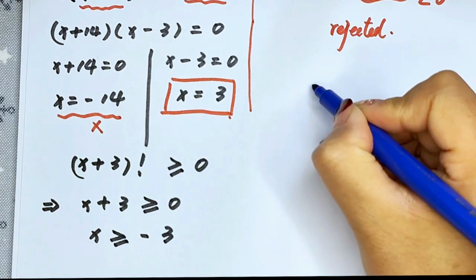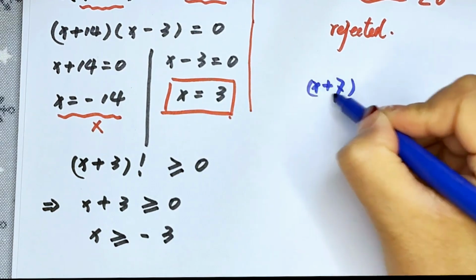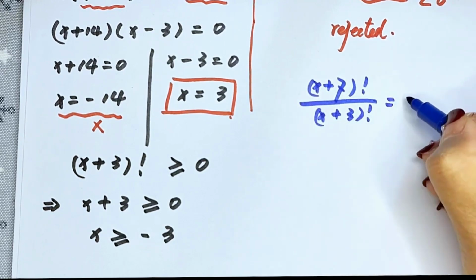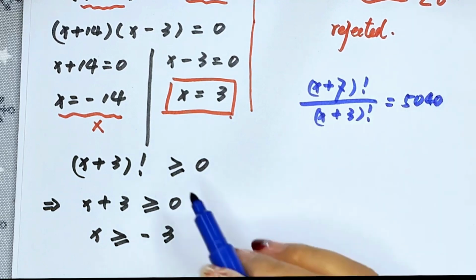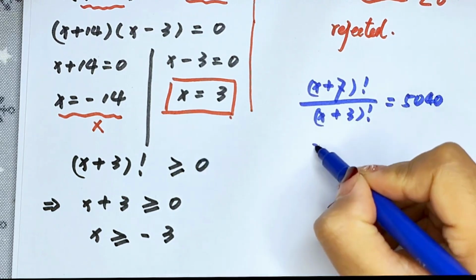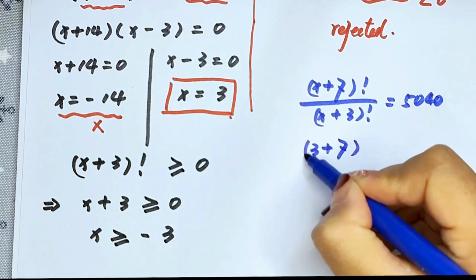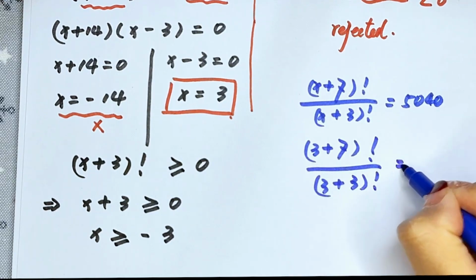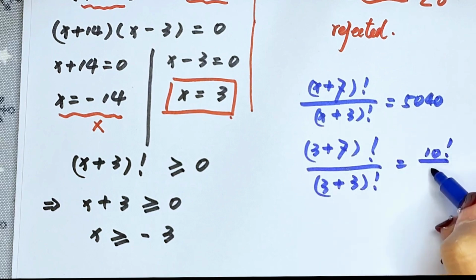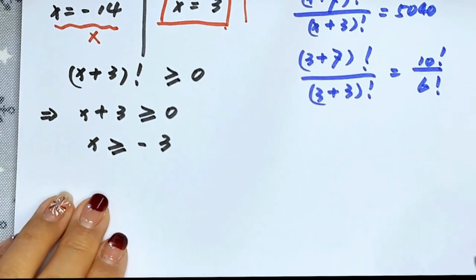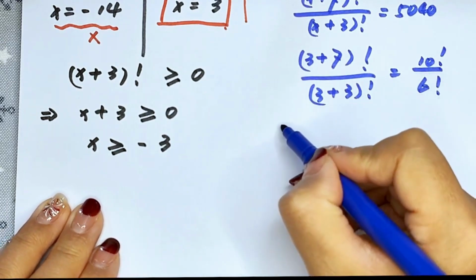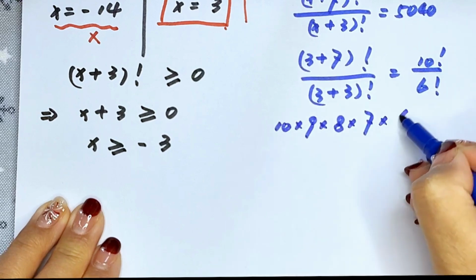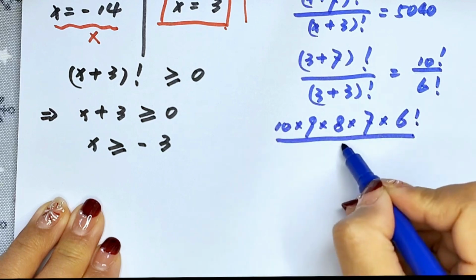Now we check (x plus 7)! over (x plus 3)! equals 5040. The value of x is 3, so (3 plus 7)! over (3 plus 3)! equals 10! over 6!. 10! is the same as 10 times 9 times 8 times 7 times 6! over 6!.